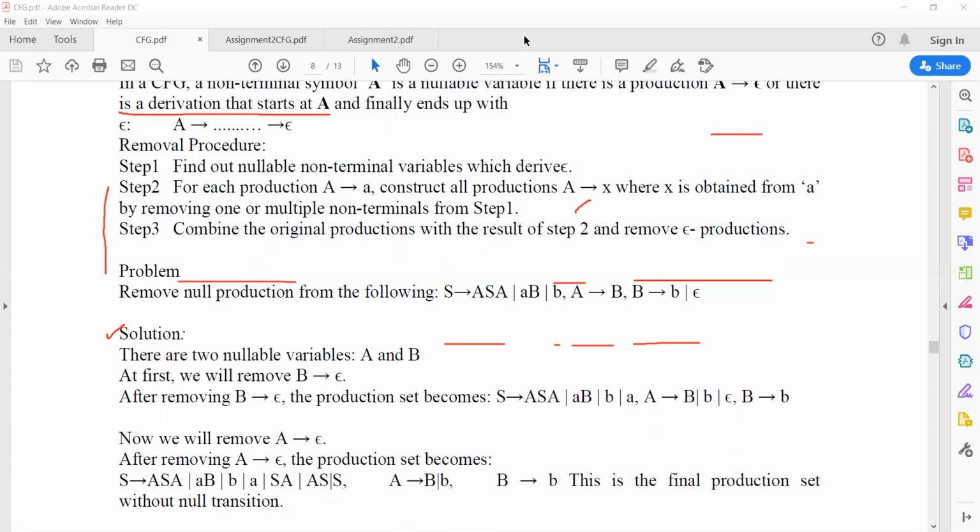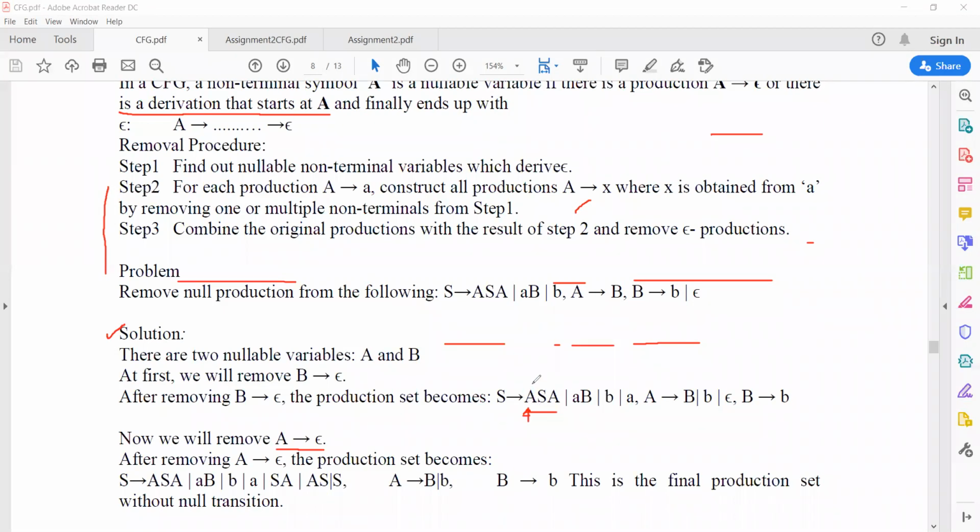To remove A produces null, we reflect back to wherever you have A. From ASA you can have three different combinations. One is without any change, ASA.